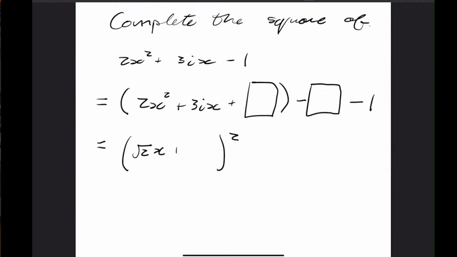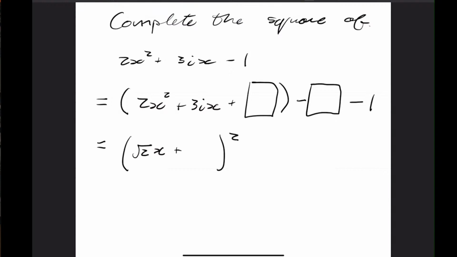And now, to get what we're looking for in the middle here, think of what happens when we square a bracket like this. We multiply the two terms inside together, and we multiply by 2.